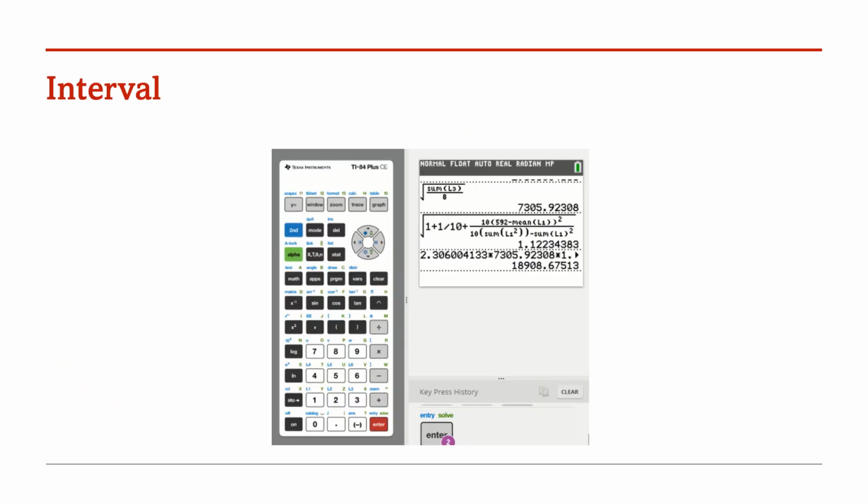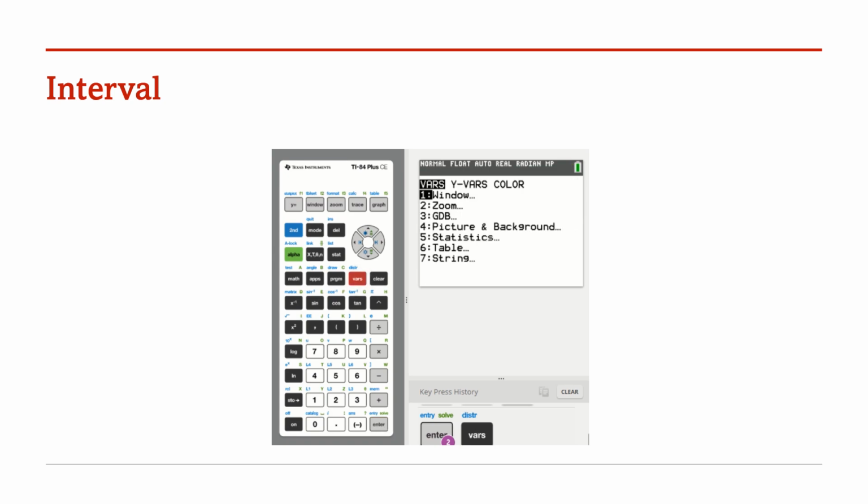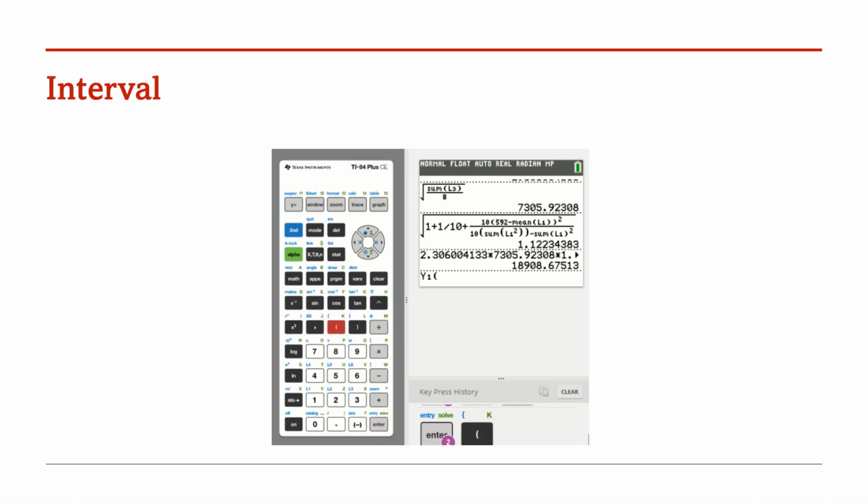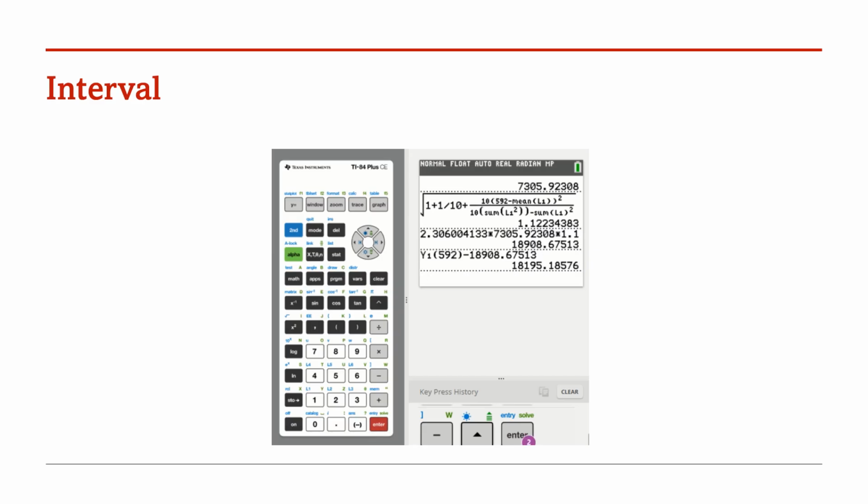And finally, to get my interval, then I'm going to evaluate my y-hat. I am again going to be very lazy about this and not actually evaluate it, but tell it to evaluate it for me. I'm going to call y1 of 592 because that's what they said, minus, going to grab this number right here, and then I'm going to be even lazier.